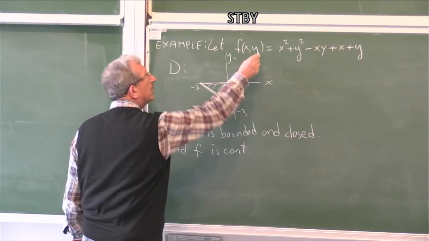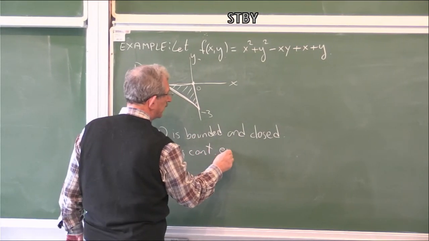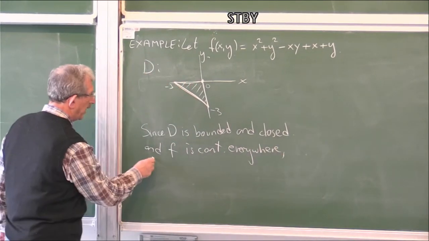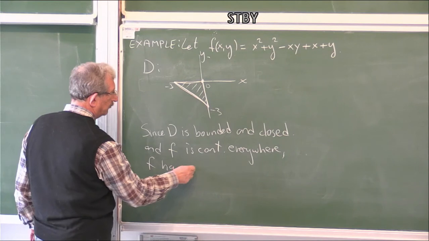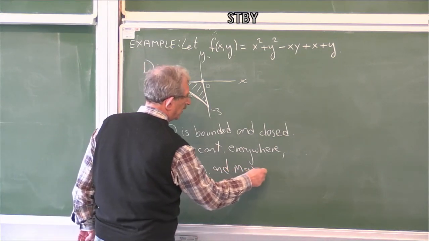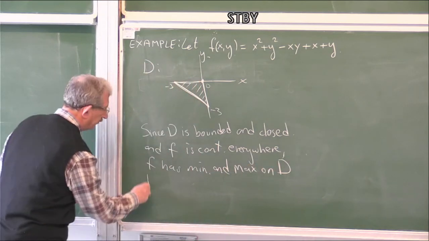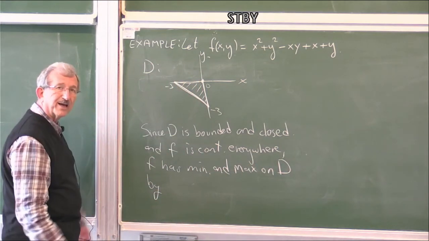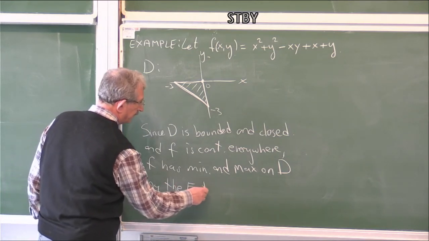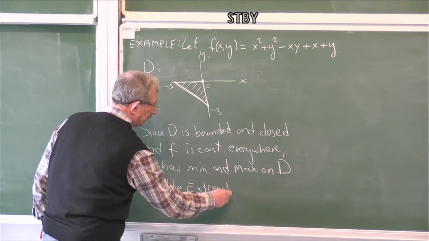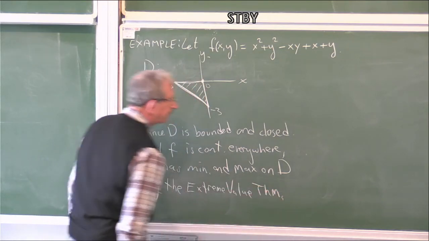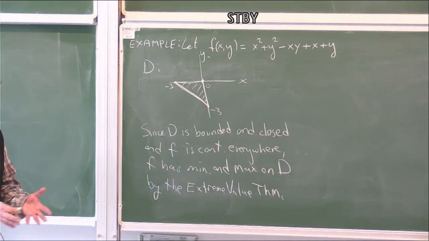In fact, being a polynomial, it's continuous everywhere. Okay. f has a minimum and maximum on D, by the theorem, or if you want, by the extreme value theorem. So there are minimum and maximum values.